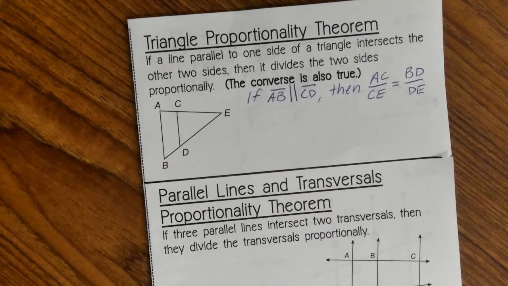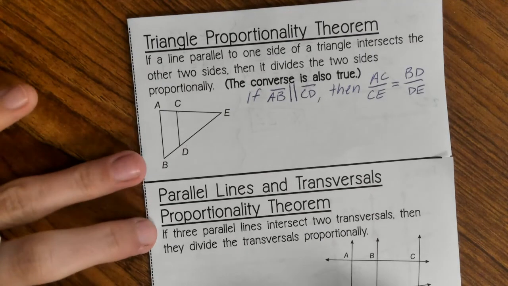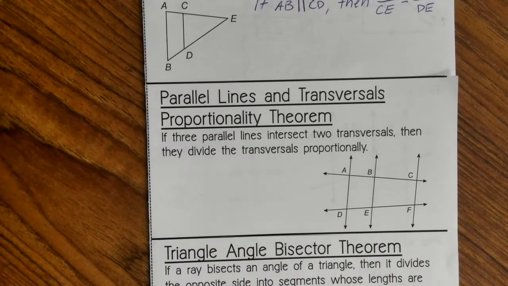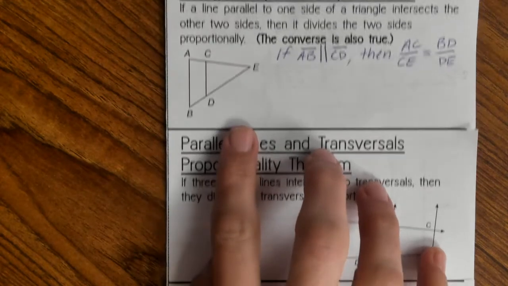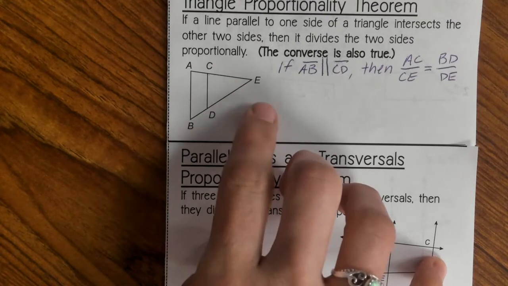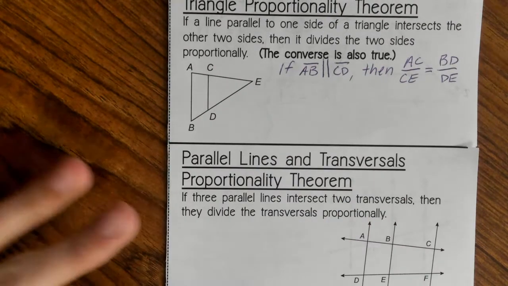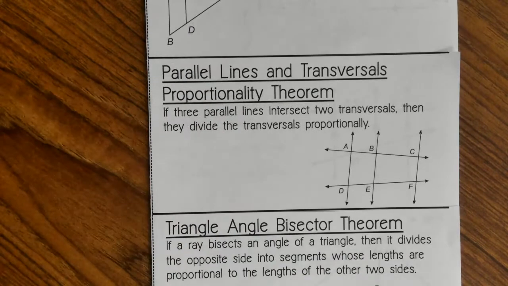Triangle proportionality theorem. Are our little parts proportional? The next is going to be your parallel lines and transversals proportionality theorem. It's actually almost exactly like this. It's going to be a part over a part equals a part over a part. All right? But this time we have parallel sides in our transversals.